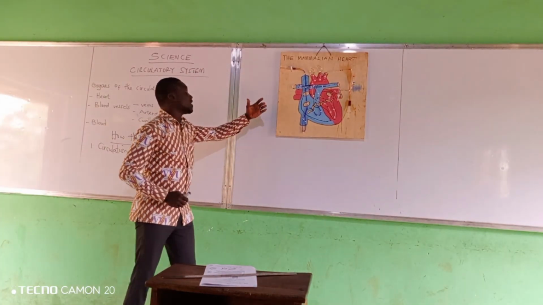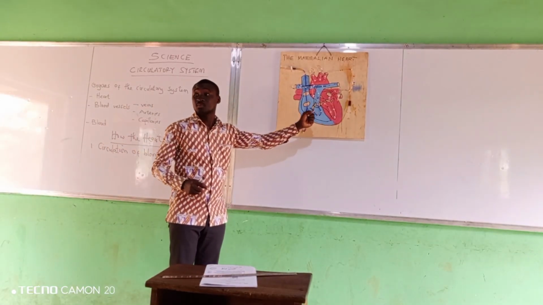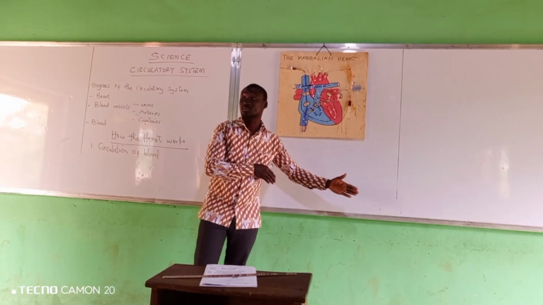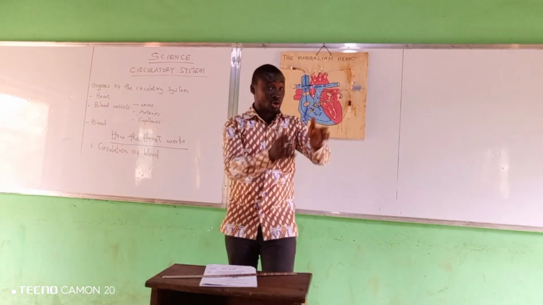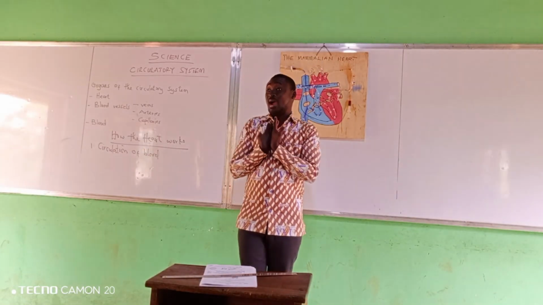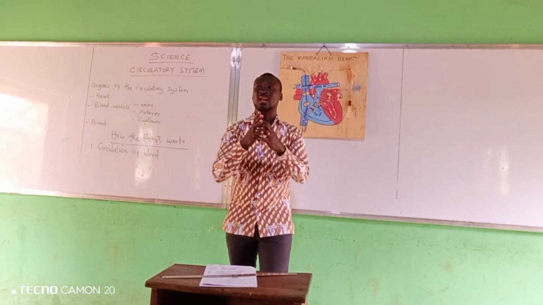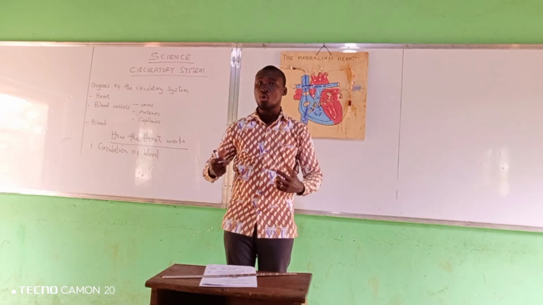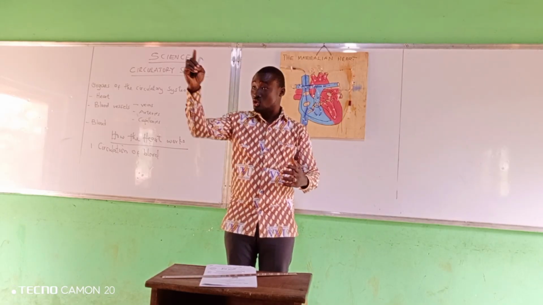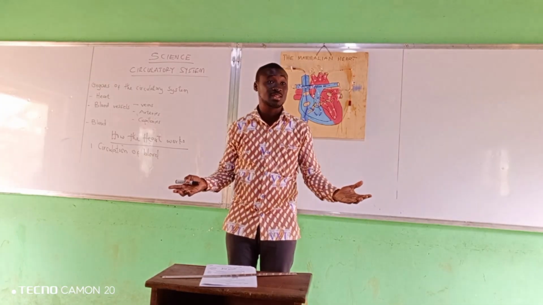So we have the circulatory system, the respiratory system, the skeletal system, and the reproductive system. All these systems are in your body. I have mine, you have yours. Together they form a full organism. So you are an organism, I am an organism, and we are all organisms.